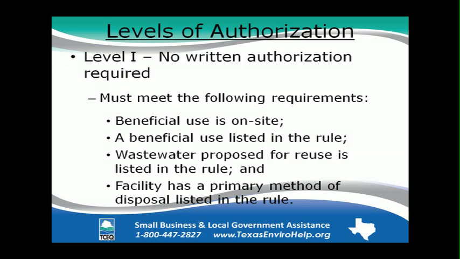There's a beneficial use list in the rule, the wastewater proposed for reuse is listed in the rule, and the facility has a primary method of disposal, which is also listed in that rule. That primary method is either an industrial permit, a wastewater permit, or you collect and haul it off.